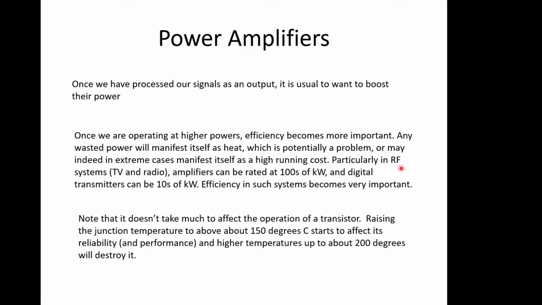Particularly for RF radio systems, so TV and radio, and particularly with the advent of digital TV, amplifiers tend to be not very efficient. In the old days of analog TV, we used to have megawatt transmitters, and there weren't many of them, so it was relatively easy to keep them efficient because you could spend some money on them.